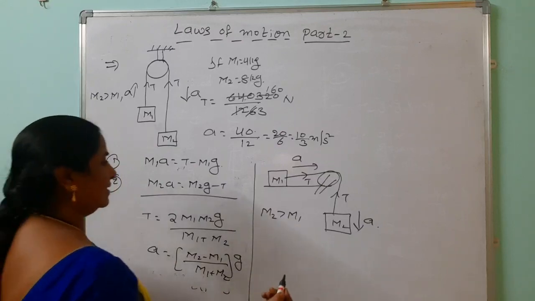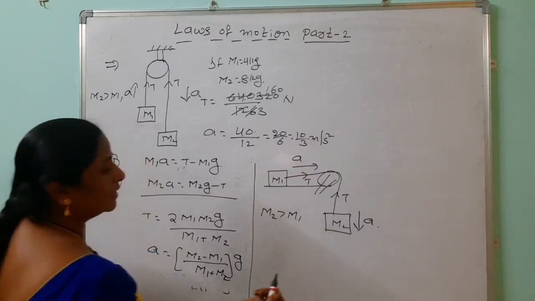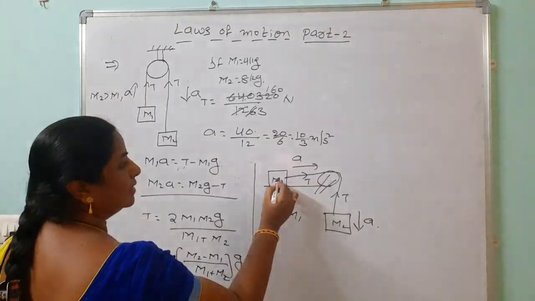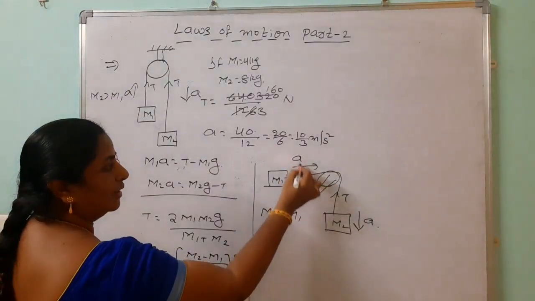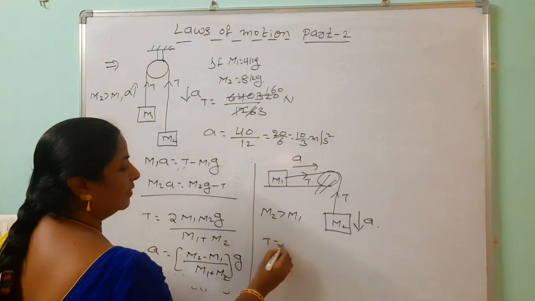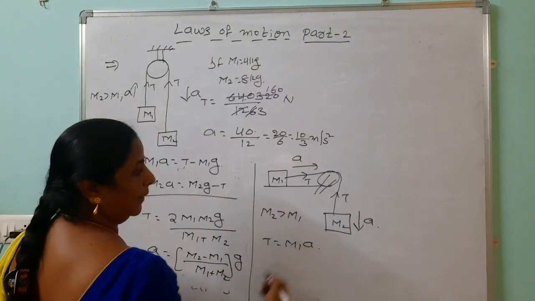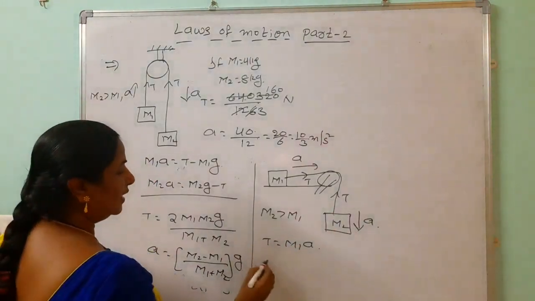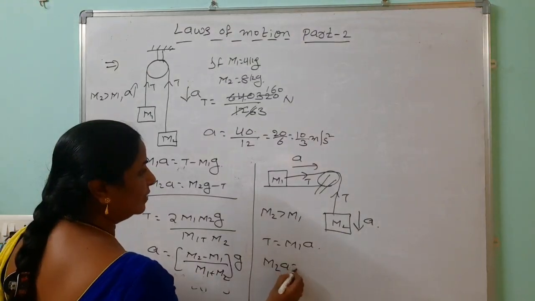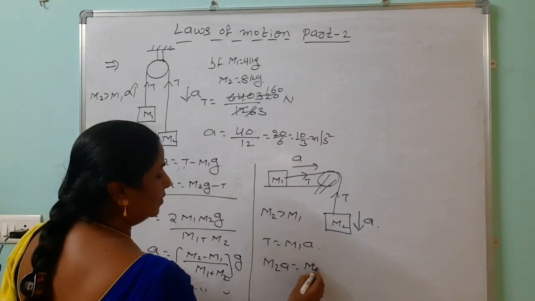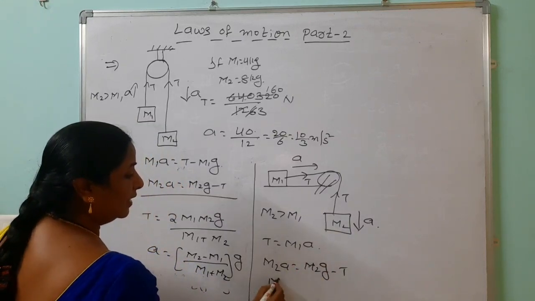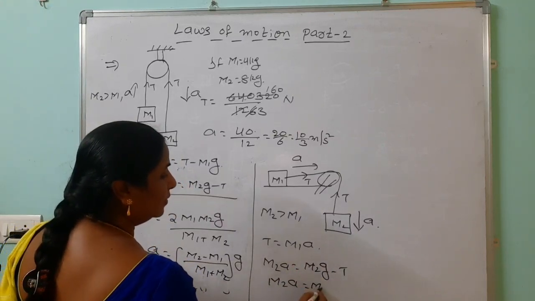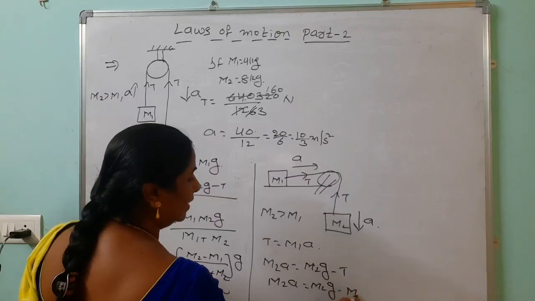So in this case, what is the acceleration and what is the tension? Look here, on this body the tension is balanced by the force on the first body, so T equals m1 into a. For the second body, m2a equals m2g minus tension. Already you know the tension, so substituting, m2g minus m1a.